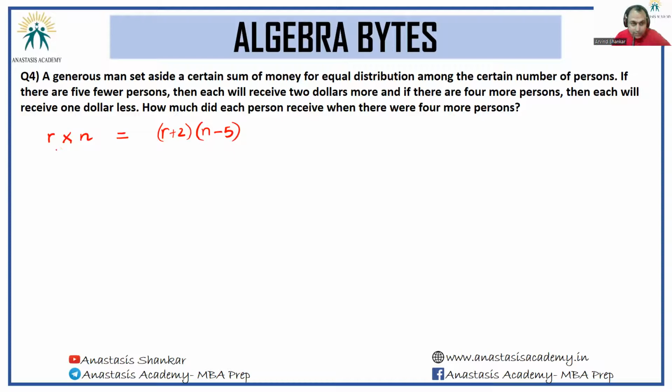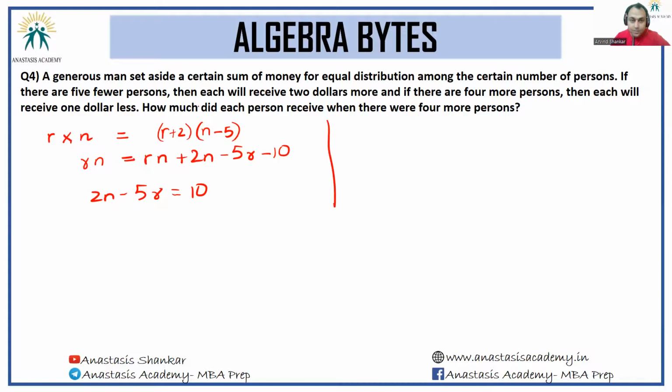So what do we have? If I open it up, I get Rn plus 2n minus 5R minus 10 is equal to Rn, or 2n minus 5R is equal to 10. This is the first equation.